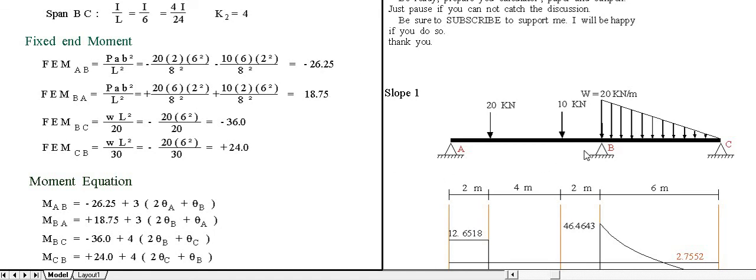For BA, the other side on the right, the formula is also the same, PBA square over L square.